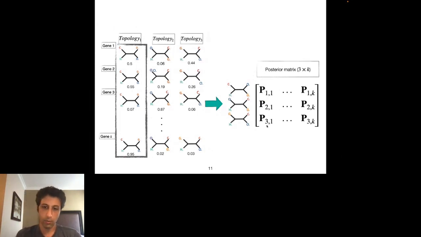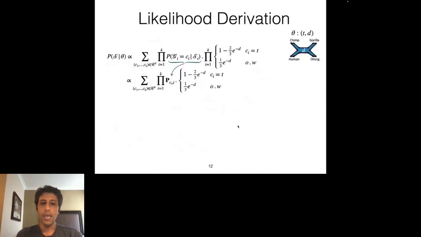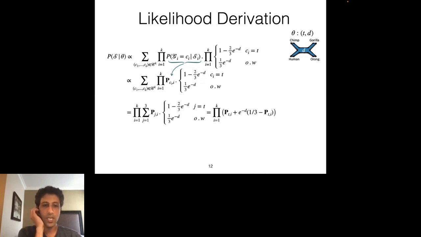Okay, so we have this matrix P, and I just rewrote the posterior probability of each gene tree given the sequence data, replacing it with elements of this matrix P. I didn't do anything fancy here. So now you have something that looks a little bit nicer. And then there is a very nice trick.